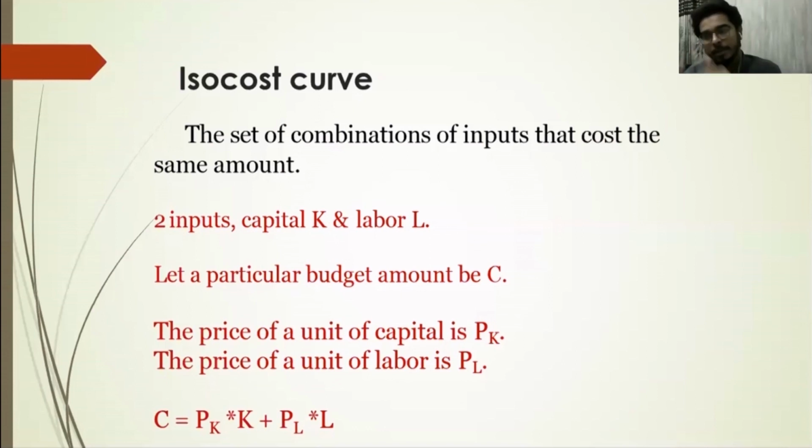So the isocost function, or the budgeted cost outlay, whatever you say, is given as PK into the amount of capital, price of capital into the amount of capital, plus price of labor into the amount of labor.